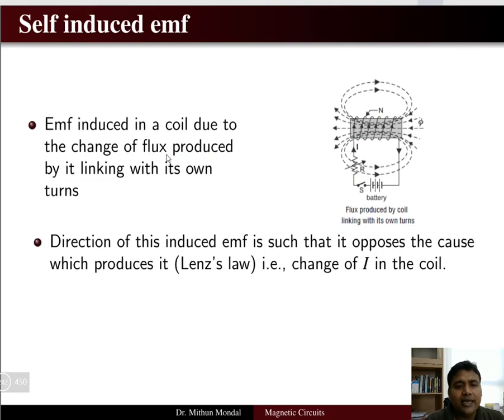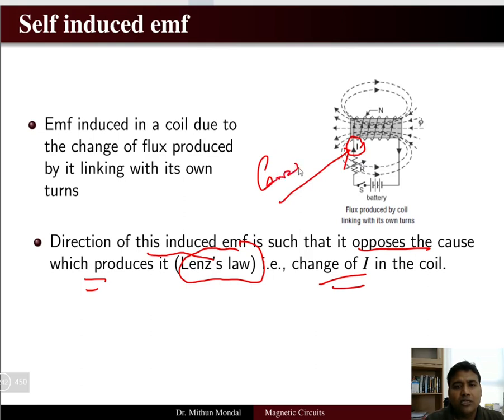Then in this case, the direction of the induced EMF is to oppose the cause which produces it, which we have discussed in the last lecture also, Lenz's law. Here the cause is the change of the current in the coil. Due to the change in the current, you are producing the flux. And Lenz's law states that the direction of the induced EMF will oppose the cause.